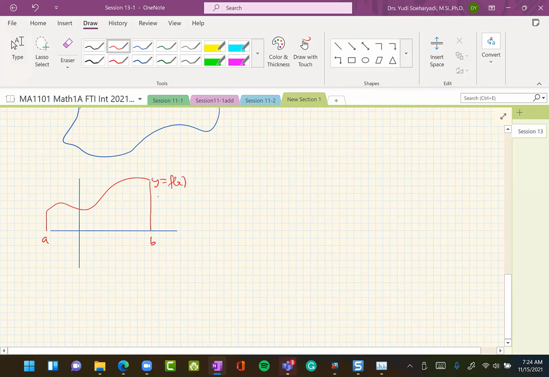Okay, so this is a laminar region bounded by the x-axis, x equals a and x equals b.